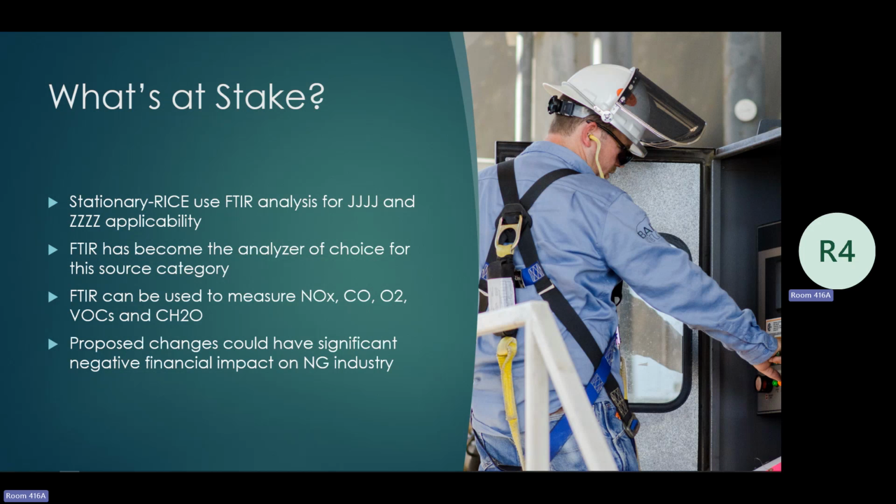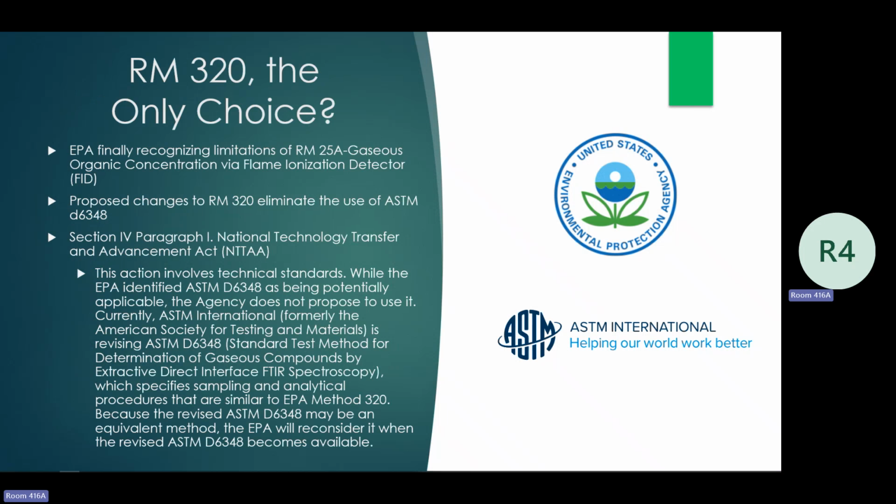These proposed changes could have a significant negative financial impact on the natural gas industry. The reason is that we are looking potentially at Method 320 being the only method that we can use to measure volatile organic compounds.